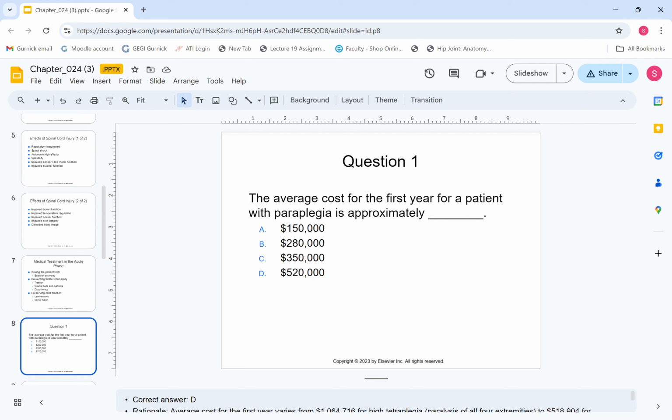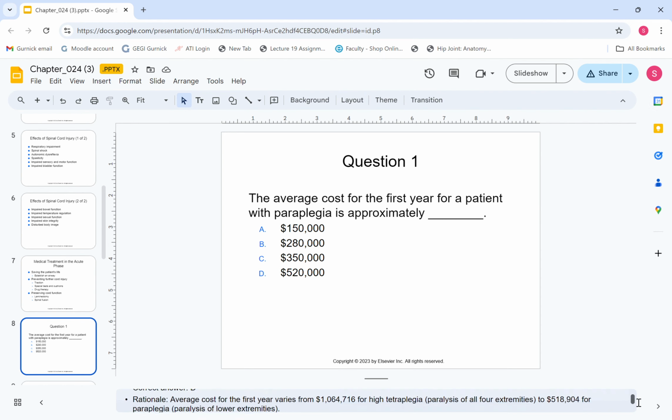All right, but the notes down here at the bottom say, okay, the average cost for the first year varies between a million and $6,400 for high tetraplegia. All right, and you guys, tetraplegia is our new word for quadriplegia.